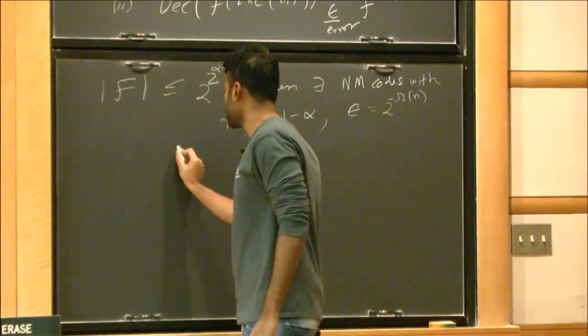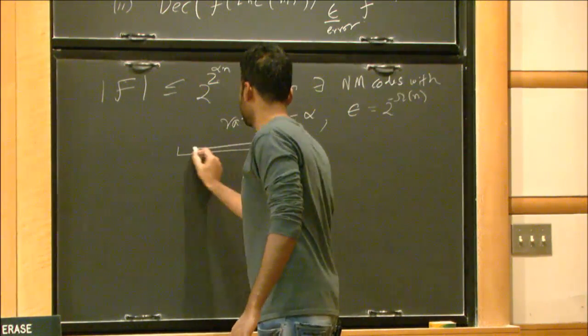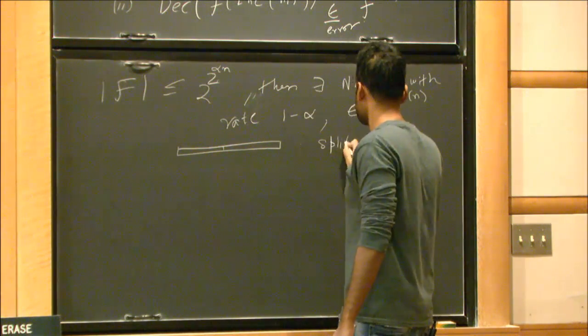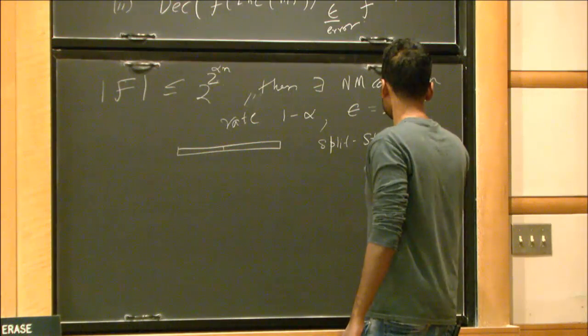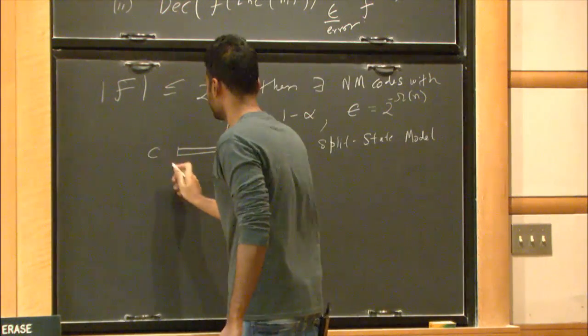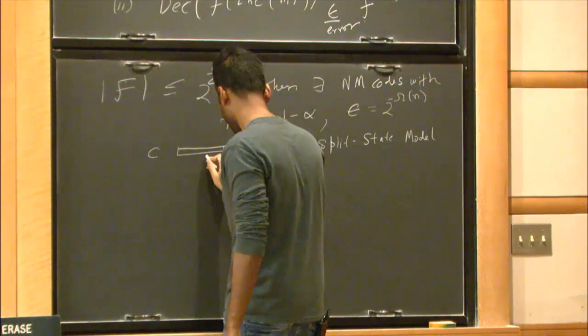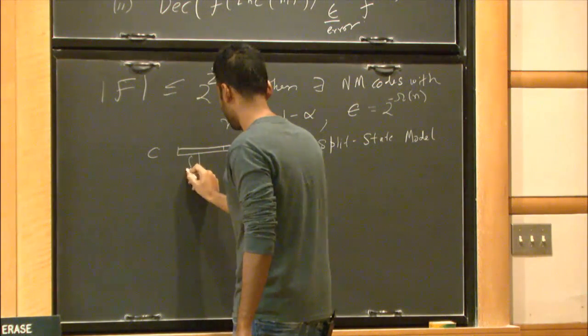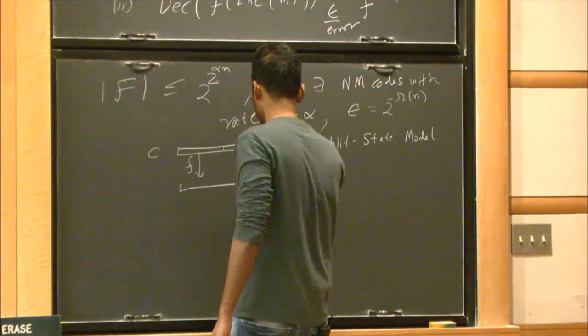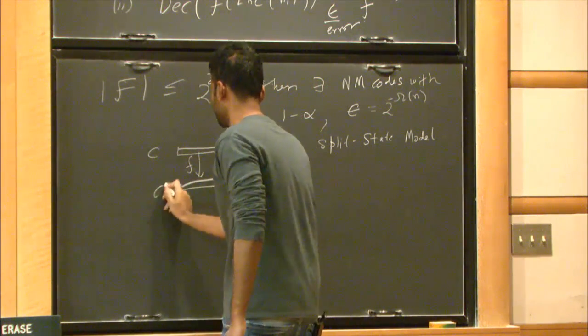One well-studied class of family is the split state model. If this is the codeword, then the tampering function works roughly with f acting on this half and g acting on the other half to get c prime.